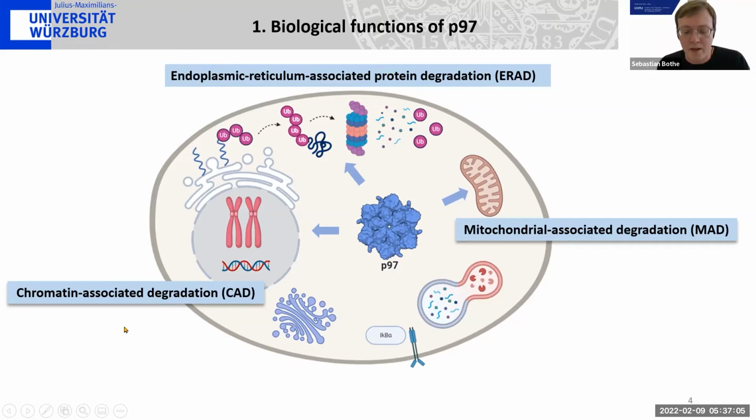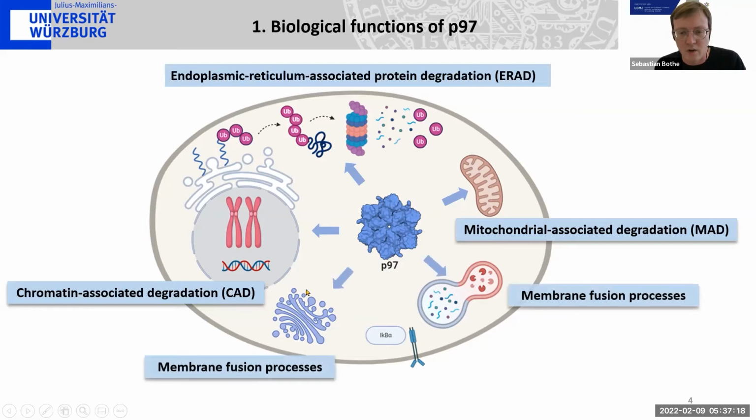There, P97 extracts ubiquitinated proteins from their origins and hands them to the proteasome system for degradation. Furthermore, P97 is also involved in numerous membrane fusion processes in the cell.